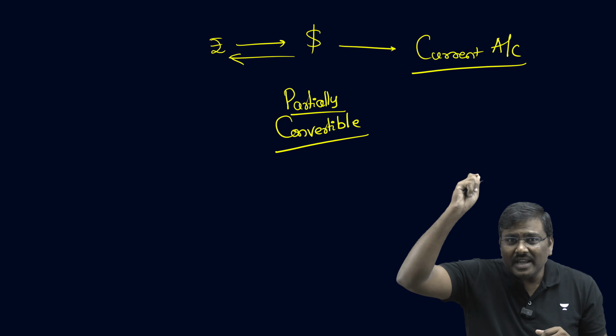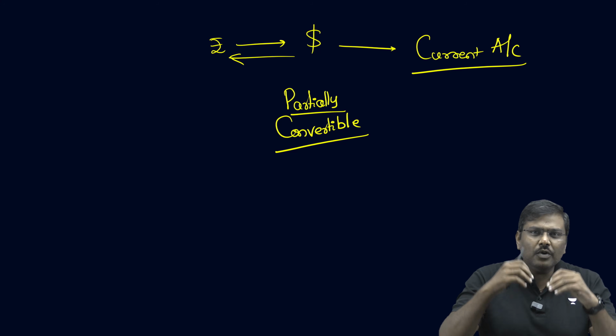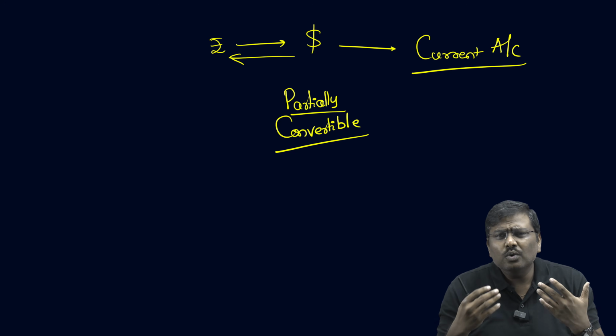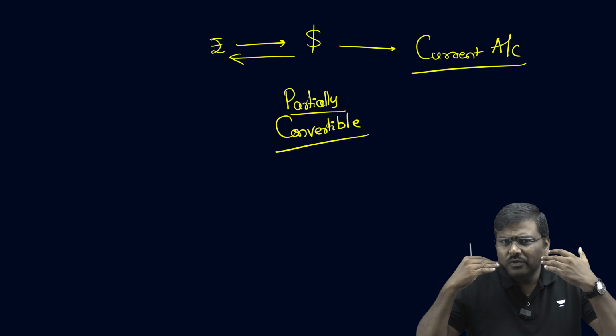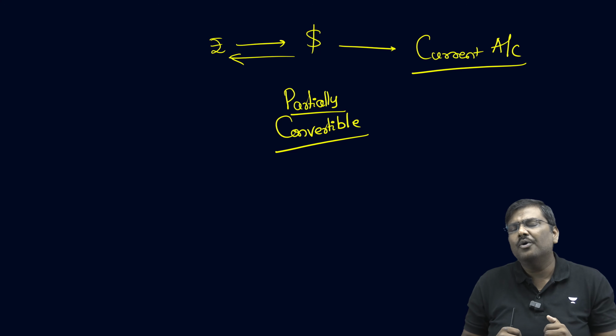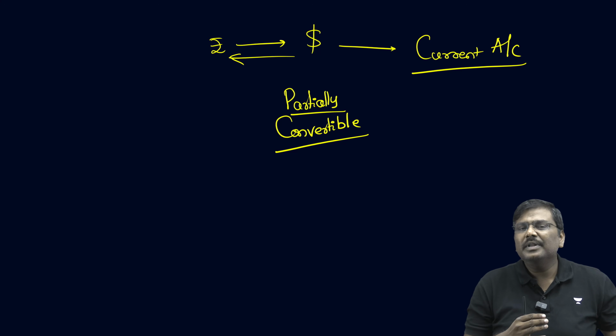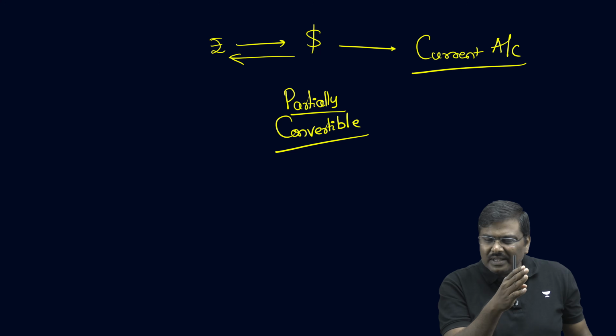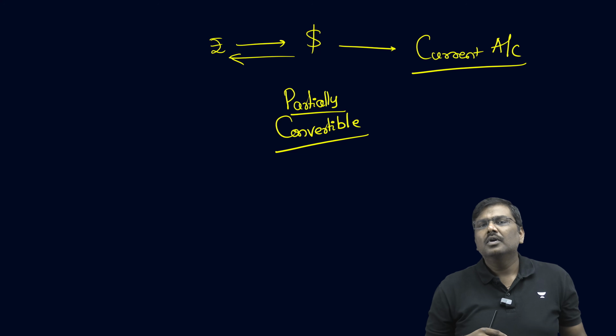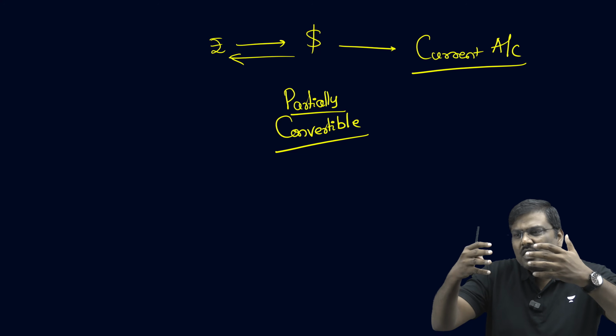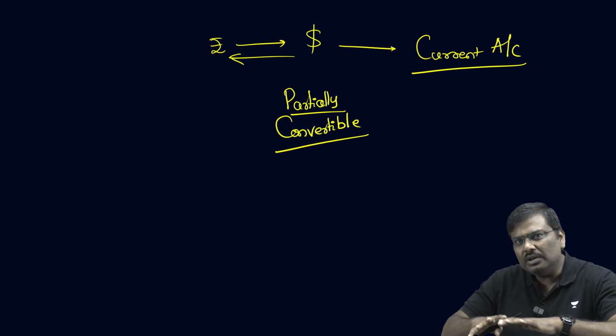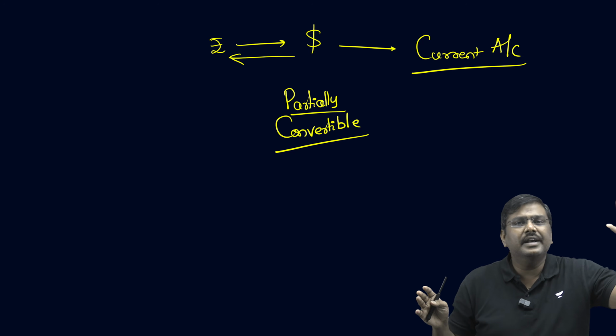There are restrictions applicable. And if you're wondering, sir, why do we have restrictions under the capital account? The reason is that historically, whenever a crisis has happened, a lot of investments that we have attracted under the capital account start going outside India.